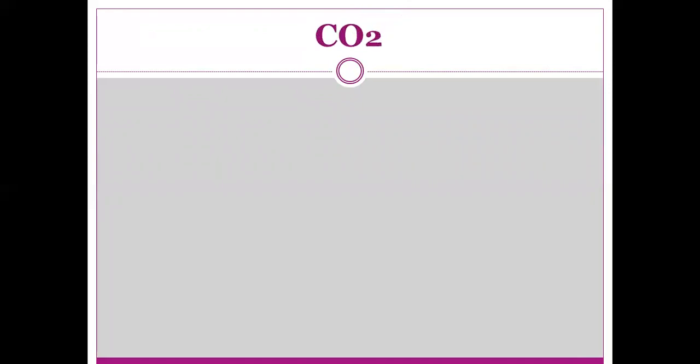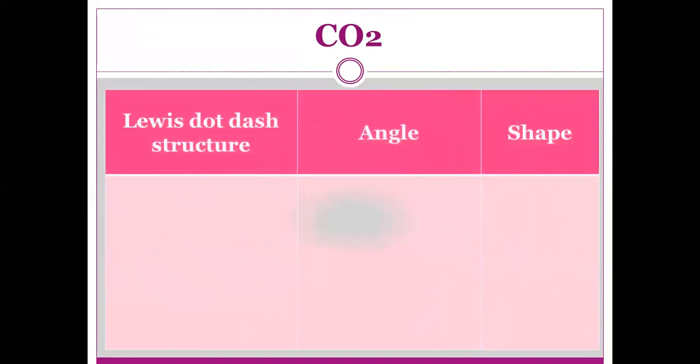Carbon dioxide. Whenever you want to describe the shape and geometry, you should be able to draw the Lewis dot structure. Let's draw this carbon dioxide. How are we going to approach the Lewis dot structure? Just as a recall of the Lewis dot structure we studied under 2.2, right?